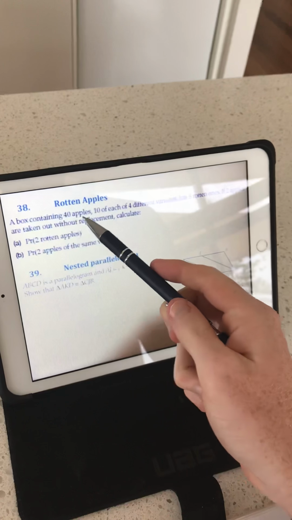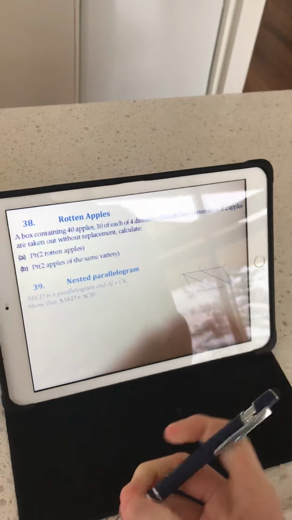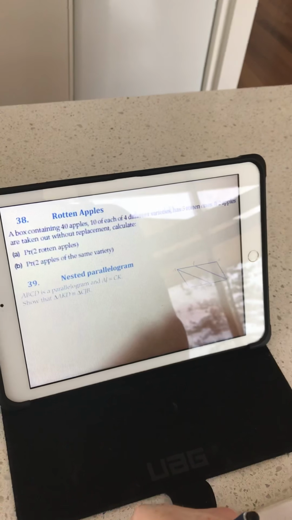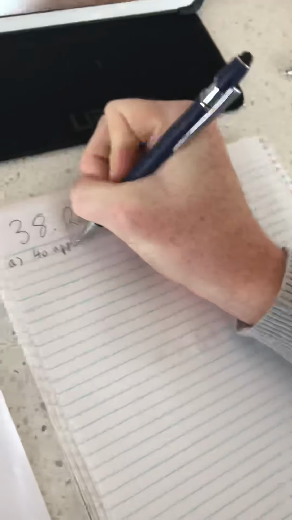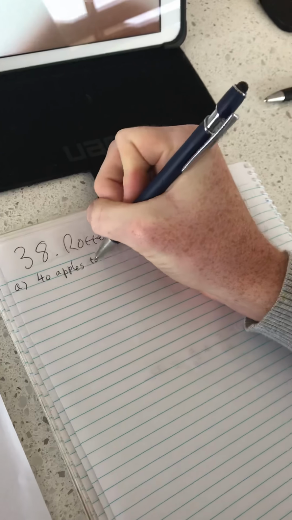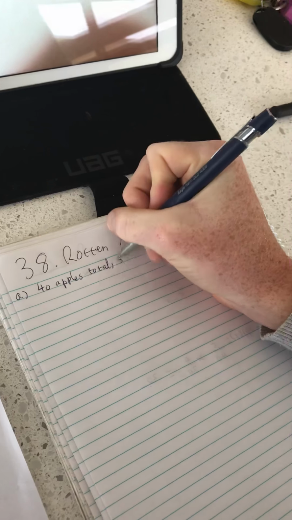So we're looking at the 40 apples and the 5 of them being rotten. So we know that there are 40 apples total and 5 of them are rotten.